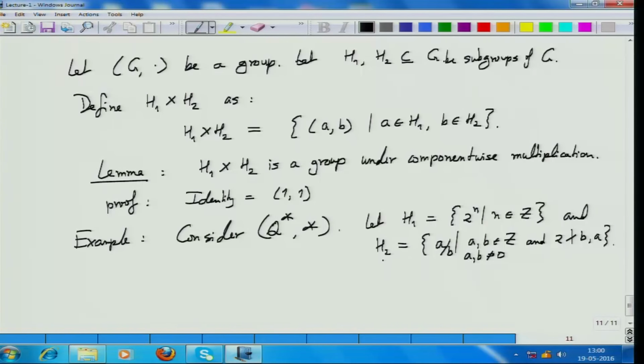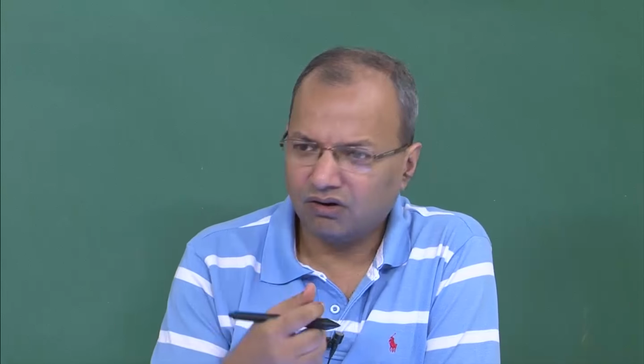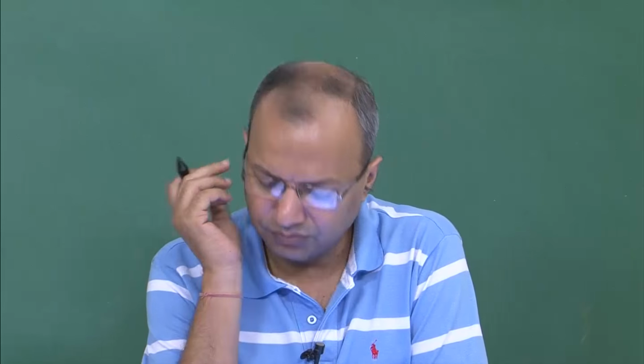So H2 is all those non-zero rational numbers such that 2 doesn't occur in the numerator or denominator as a multiplier. So that is, both A and B are odd numbers. That's a simpler way of saying this.